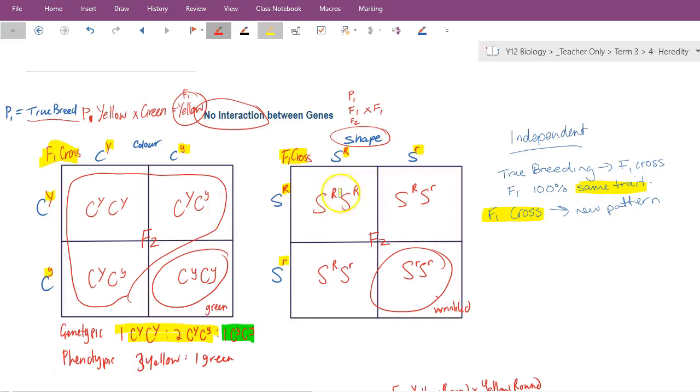You had a homozygous round, homozygous wrinkled, and then heterozygous round, which of course ended up being round anyway because the round takes over. And you end up with that 3-to-1 phenotype pattern. Now that 3-to-1 phenotype pattern is the thing you've got to remember. That is a very definite pattern. 3-to-1 is what we see when we have that F2 generation breed.